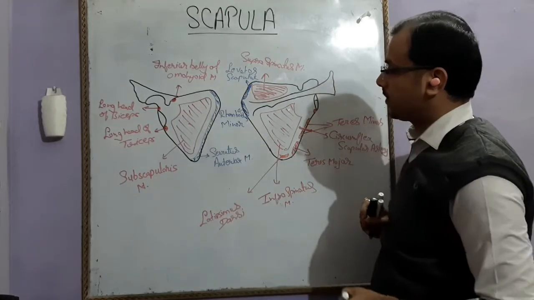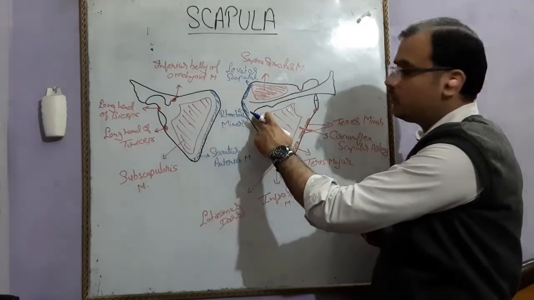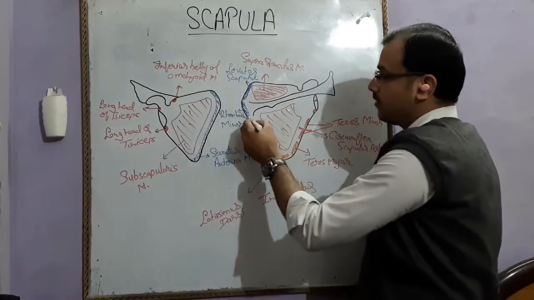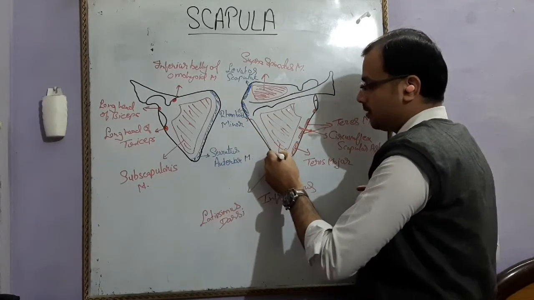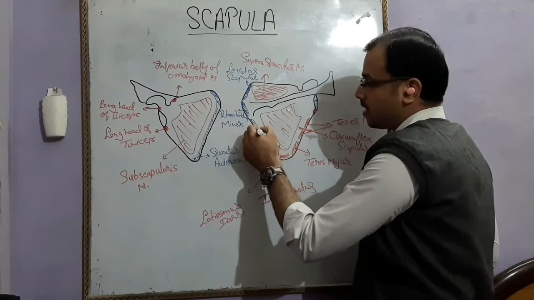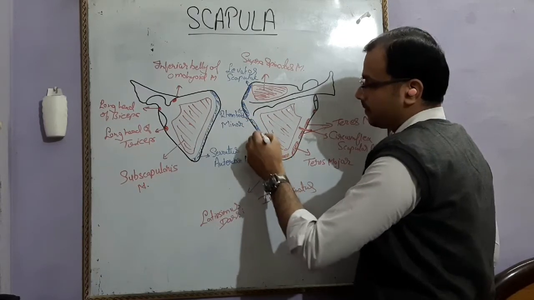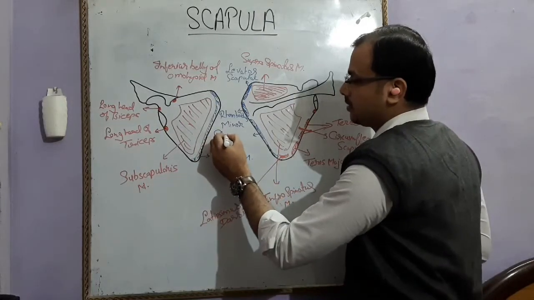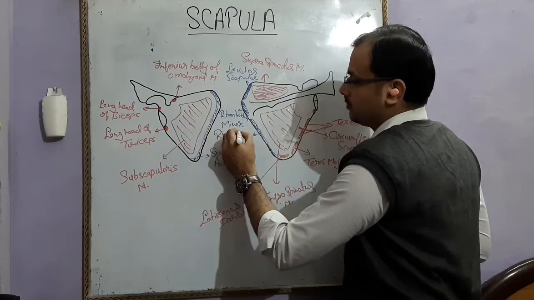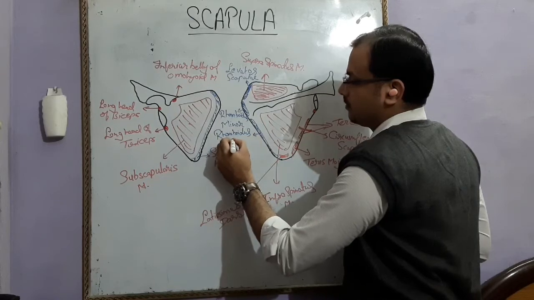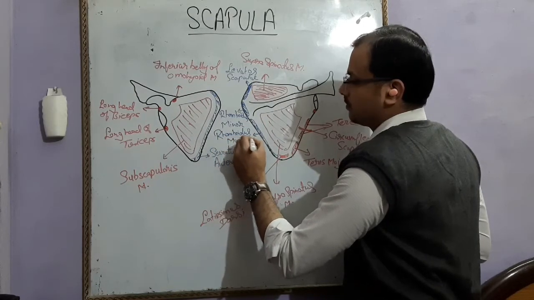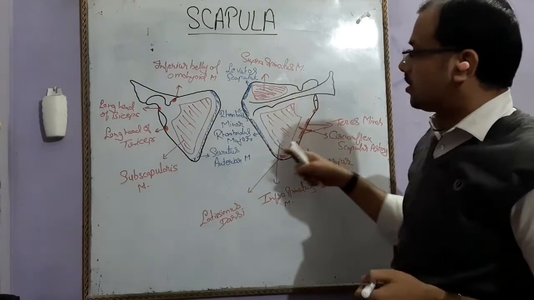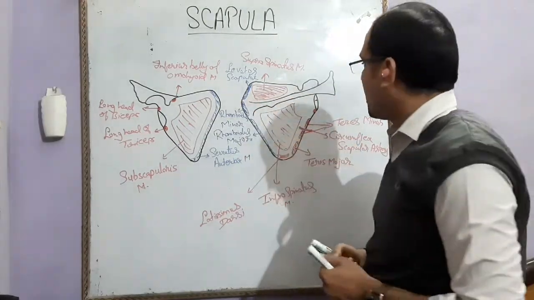And from the root of the spinous process up to the inferior angle, here is the attachment of rhomboideus major muscle. So these are the attachments on the medial border of the scapula.